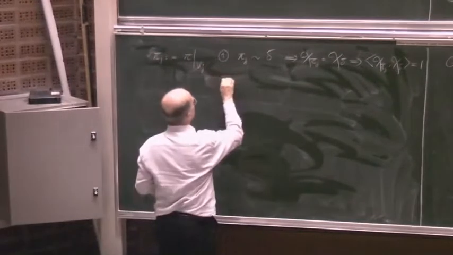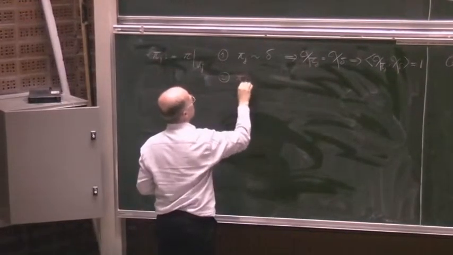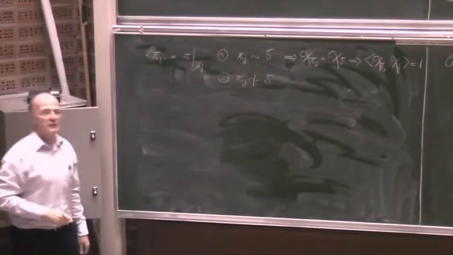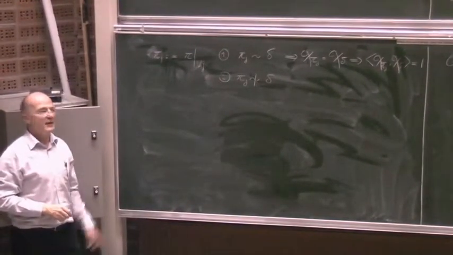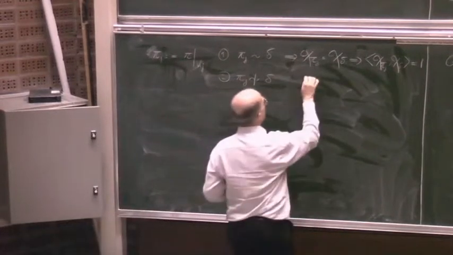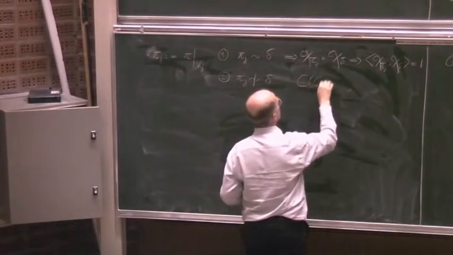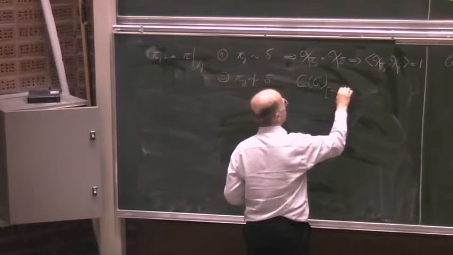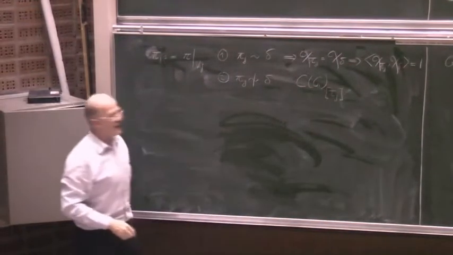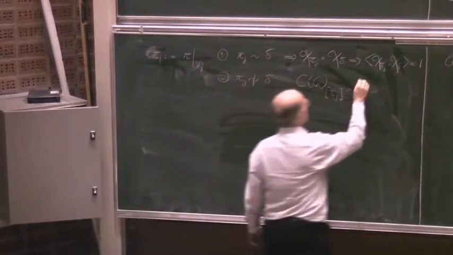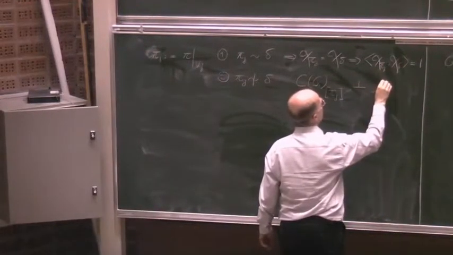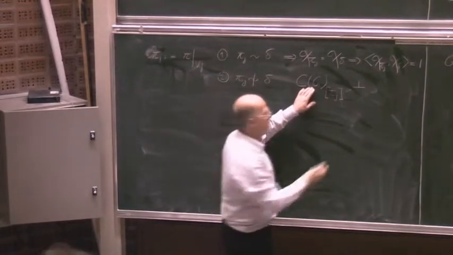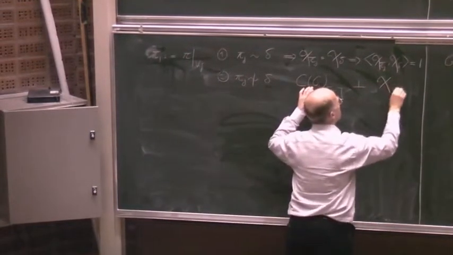Now the second possibility is that this irreducible representation is not equivalent to that irreducible representation. Well, what do we know then? Then we know that the space of functions of type pi j only depends on the class of pi j, and this space is perpendicular to the space of functions of type delta, in particular to the character.